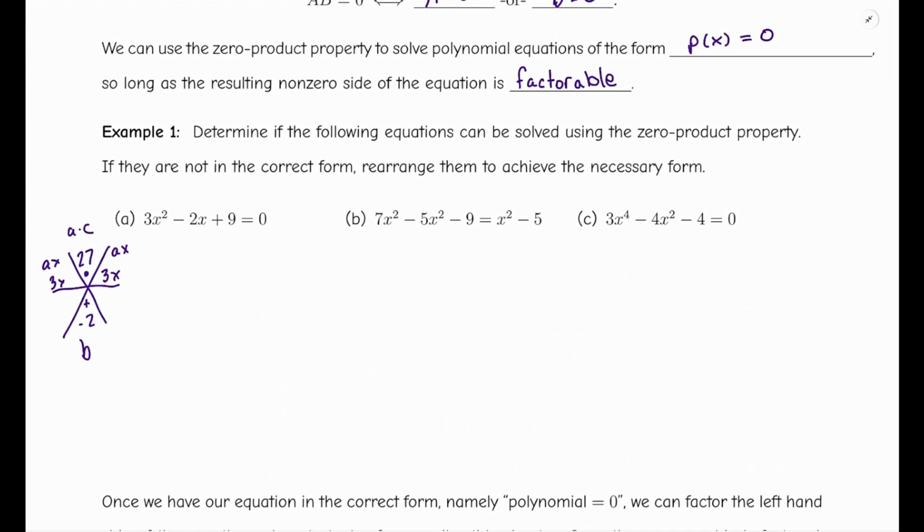Now we need two numbers that multiply to 27 and add up to negative 2. Now after you try this for a while, you're going to see you can't. That's because there are only two things that multiply to 27. You can have 1 times negative 27 or 3 times negative 9. And those add up to negative 26 and negative 6, respectively. Nothing is adding up to negative 2. So that means this is not factorable.